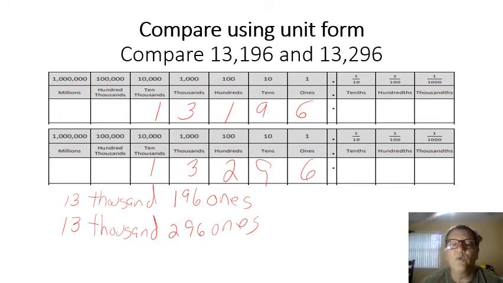So when we're writing this down as whether it's greater or less than, we have 13,196 and we have 13,296. And I'm comparing this one to this one. I know this one is less than. So I need to use a chevron that looks like an L that's on its side a little bit. So this reads 13,196 is less than 13,296.